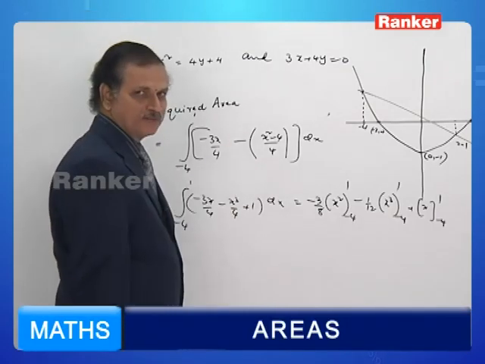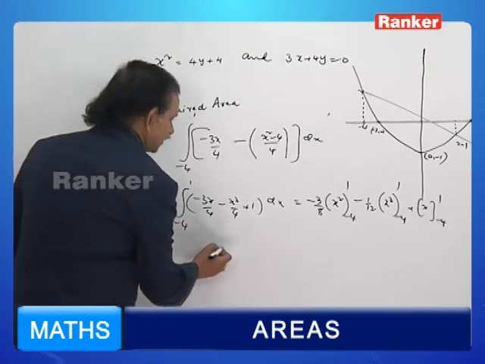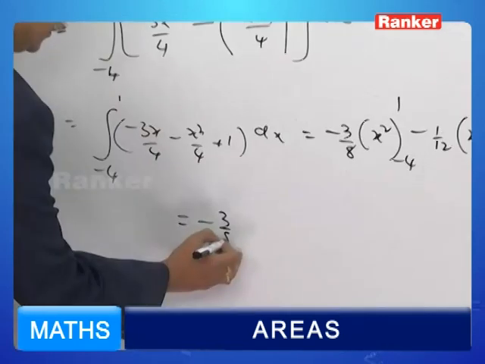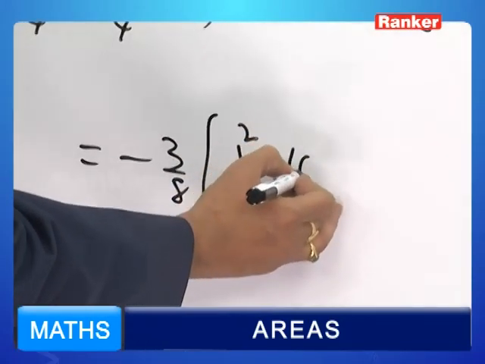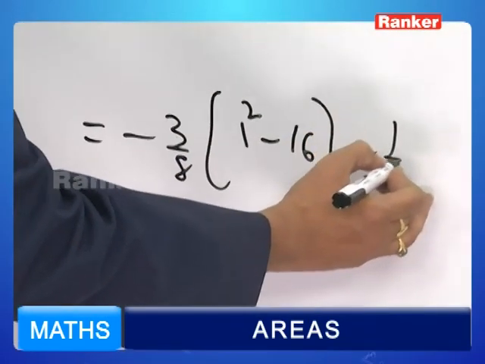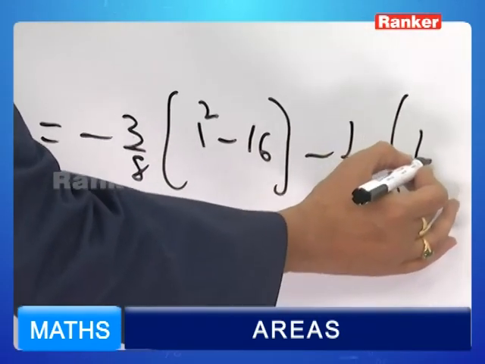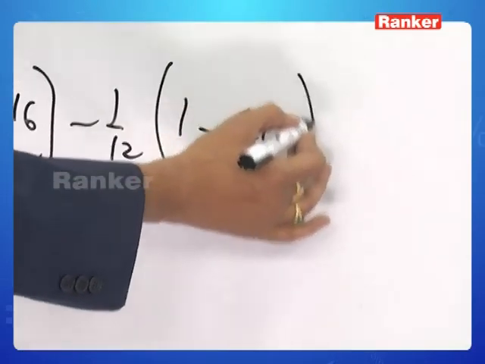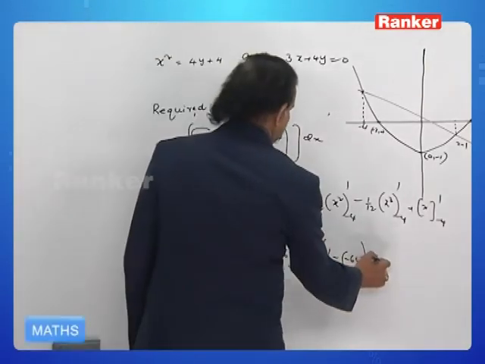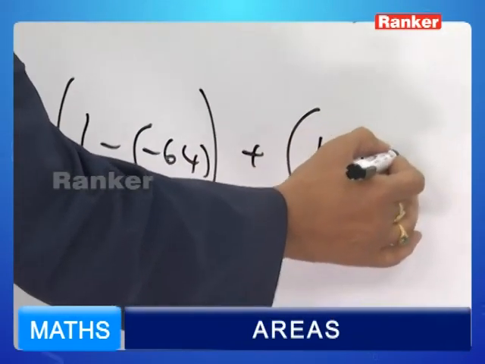So totally it is minus 3 by 8 into (1 square minus (minus 4) whole square), minus 1 by 12 into (1 cube minus (minus 4) whole cube), plus (1 minus (minus 4)).